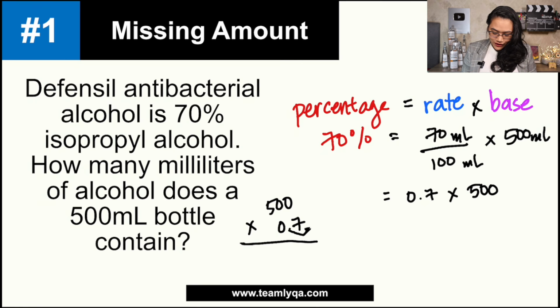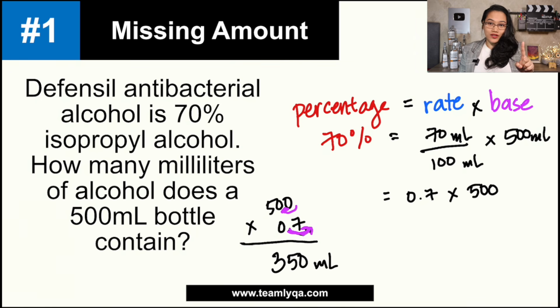Move natin to the right yung nasa ilalim. So, magiging 7 na lang siya. At yung difference na yan or yung ginalaw natin sa ilalim, ibabawi natin sa taas. So, ibabalik ko naman yung nasa taas. So, you have 50 times 7. Mas madali na siya i-handle. You have the answer as 350 ml. That is one option. Okay?